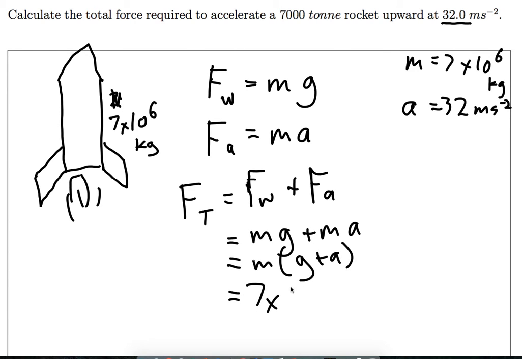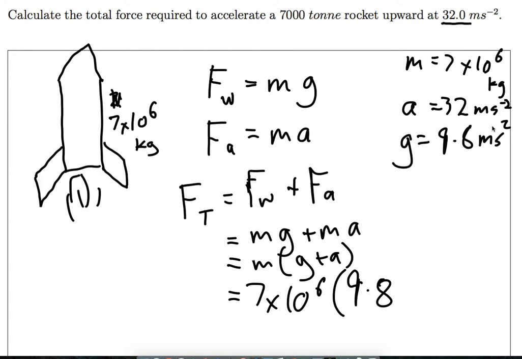Equals 7 by 10 to the 6 for the mass, times g, the acceleration due to gravity, 9.8 meters per second squared, I should have said. Plus the acceleration that we want, 32 meters per second squared.